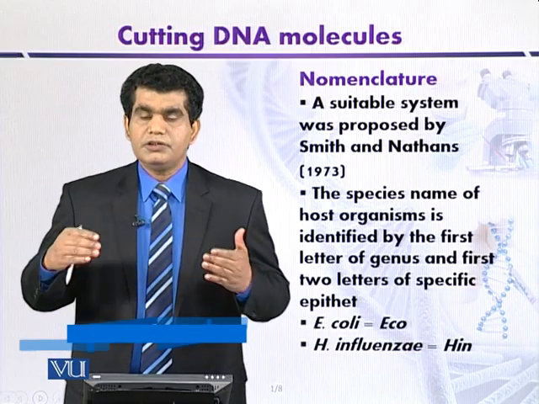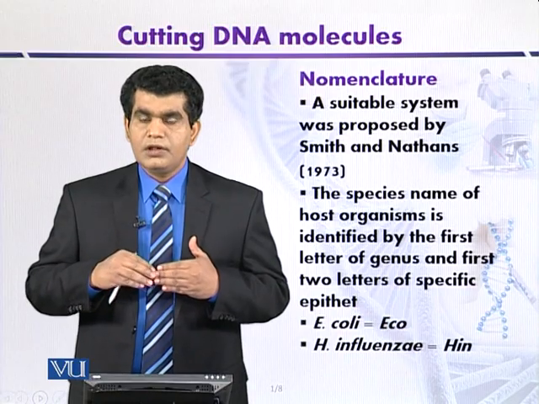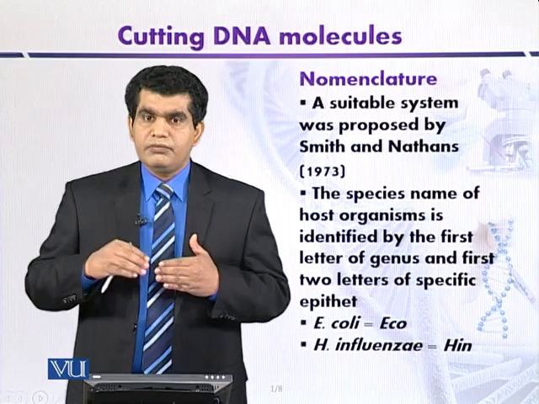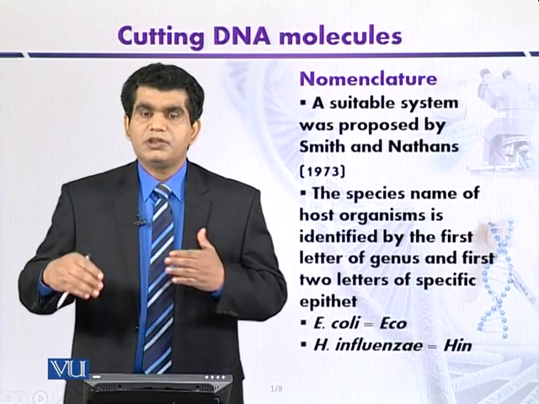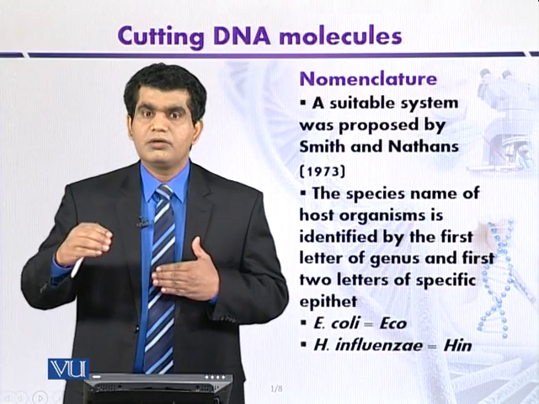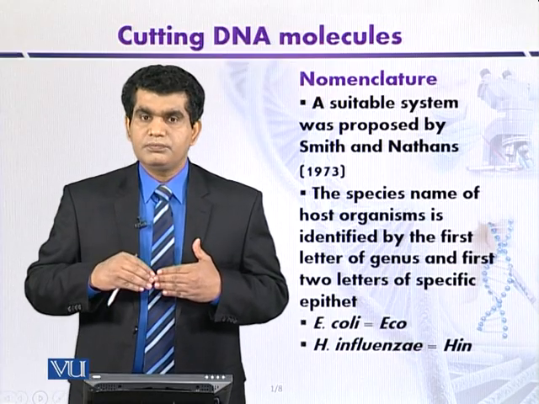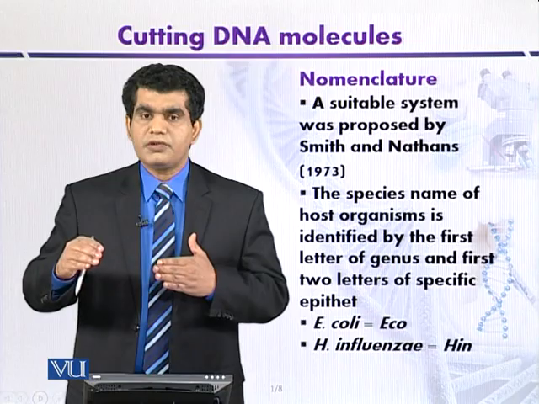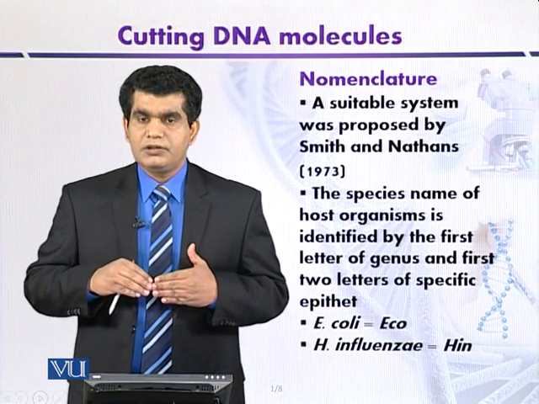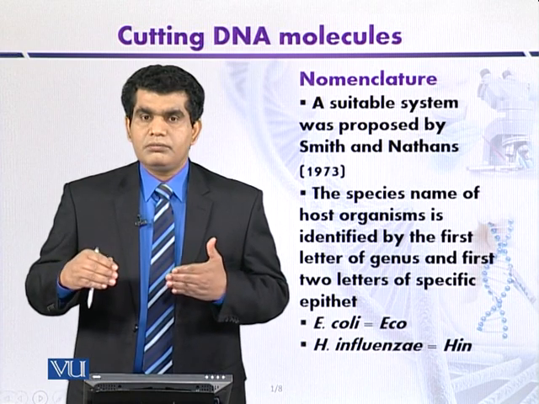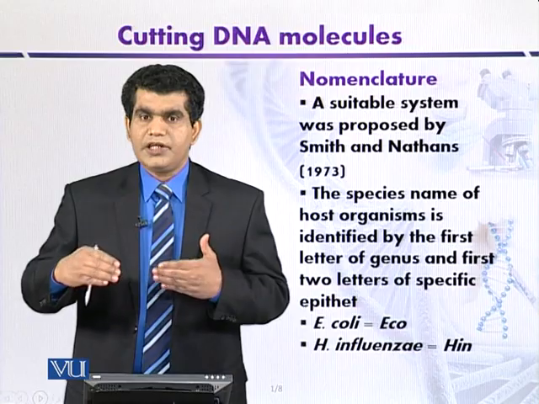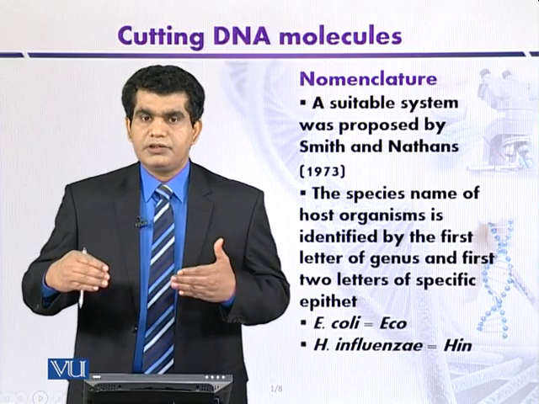The next two letters will be selected from the specific epithet, that is the second name of the species, like coli. So the name will become ECO. ECO means that the restriction enzyme has been isolated from Escherichia coli.